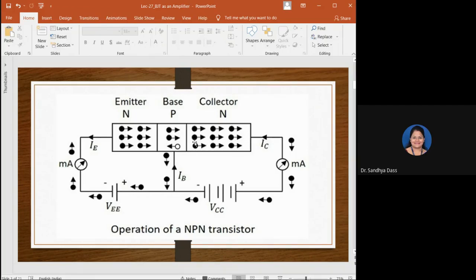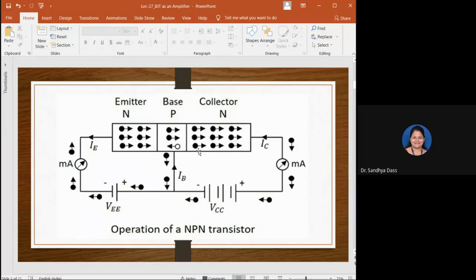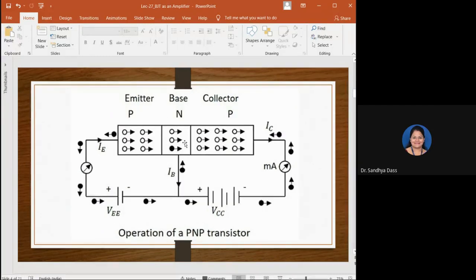If N-type material is sandwiched between two P-type materials, it is a PNP transistor.